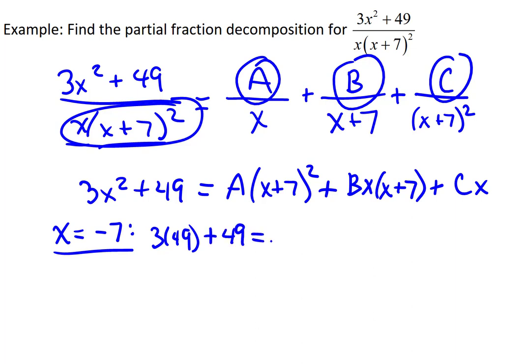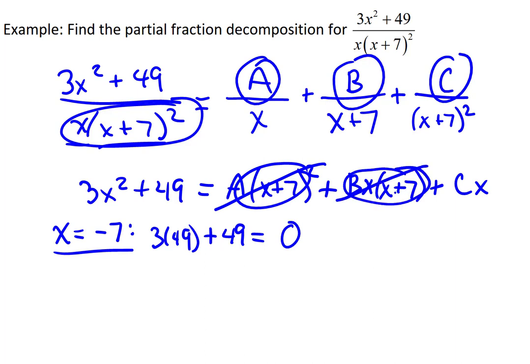On the right side, notice if I plug in -7 for x, this first term will have a -7 plus 7, which is 0, which means that term will actually drop out. And actually the exact same thing would happen to the next term because of that x plus 7 factor there. That would turn into a 0. And then with our last term, if I'm plugging in x as -7, that will be just a -7c. Now this is good news.